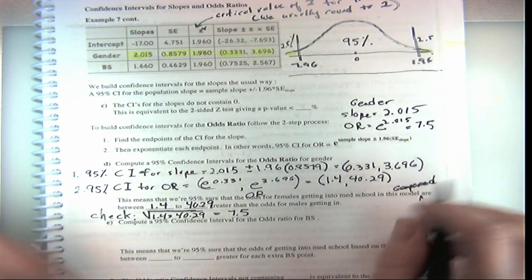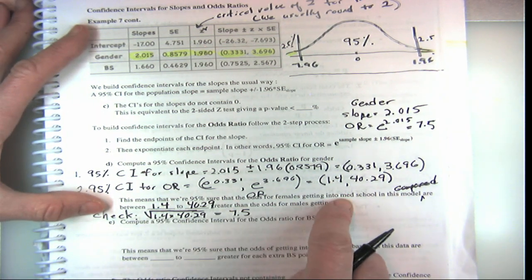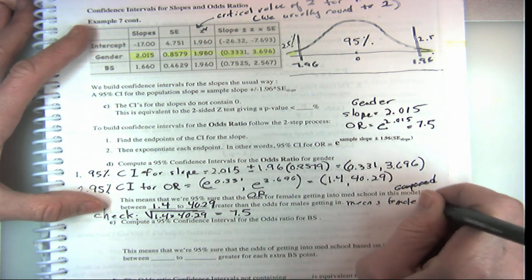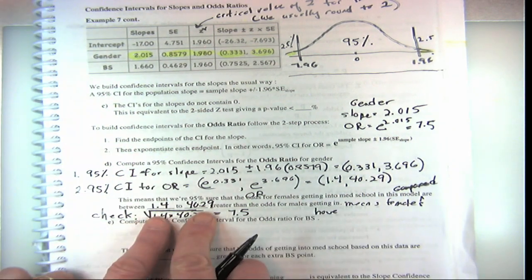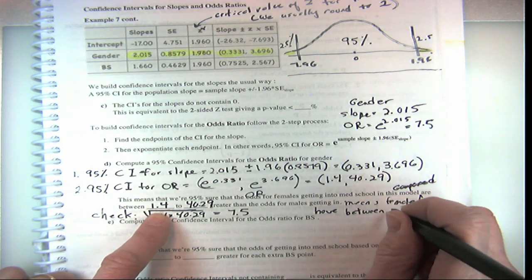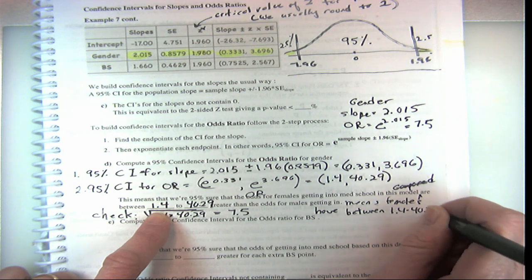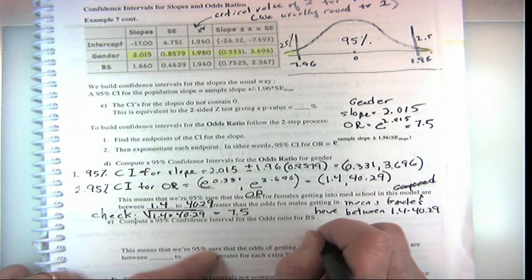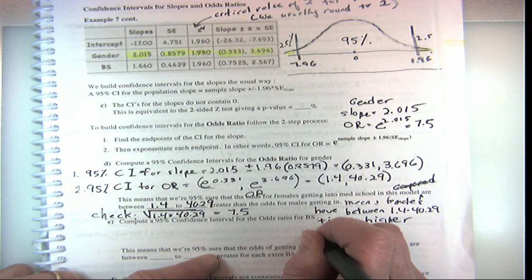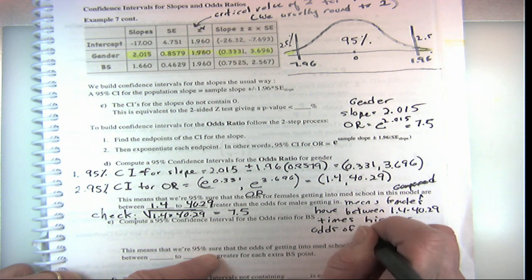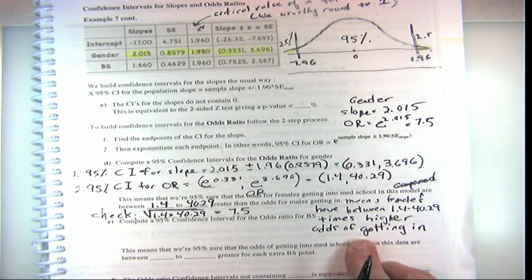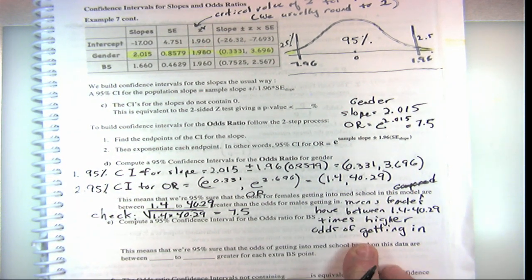So it means that the odds ratio, it means that females have somewhere in that range, 1.4 to 40.29 times higher odds of getting in, given that they have the same biological science scores as men.